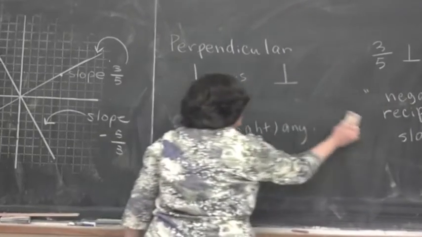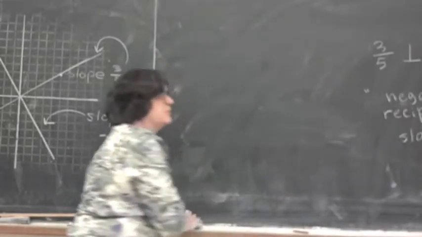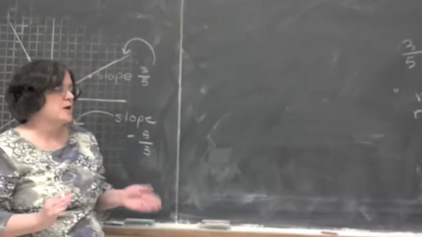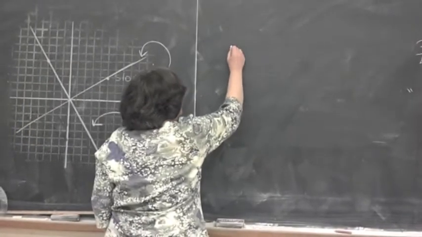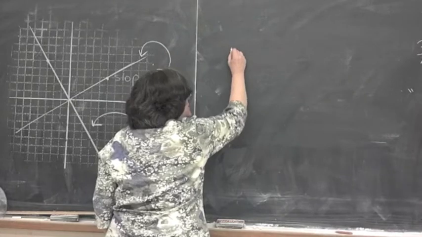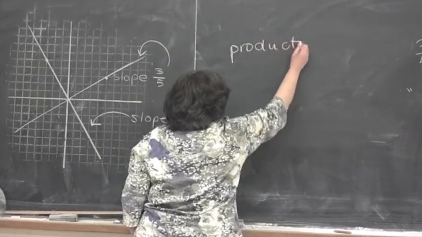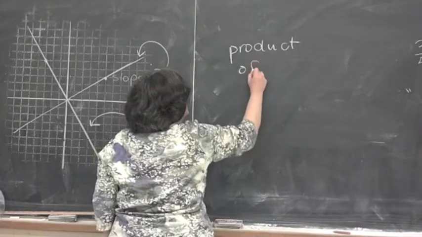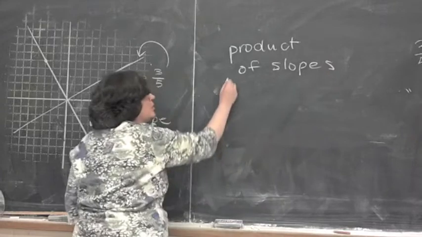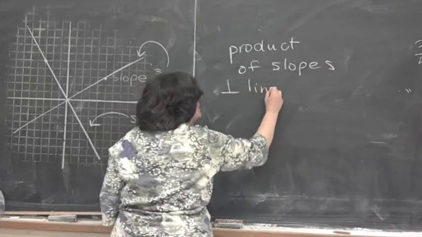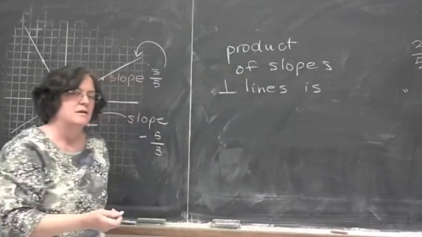Another way to check that the lines are perpendicular is to multiply the two slopes together. So the product of slopes of perpendicular lines is, let's find out.